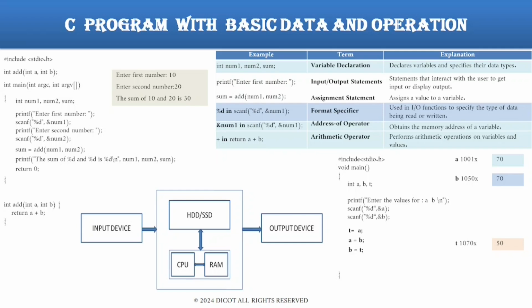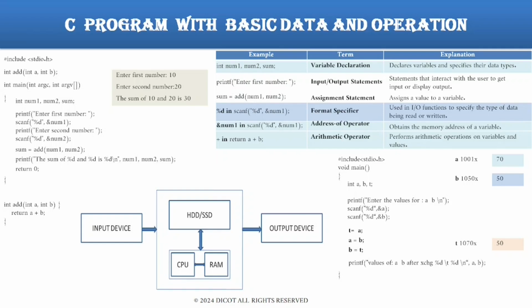The variable T holds 50. So that 50 is assigned back to B. This way we can exchange the values of A and B. And when you finally print A and B, you see their values as 70 and 50. So we have been able to exchange the values of two variables using a third variable.